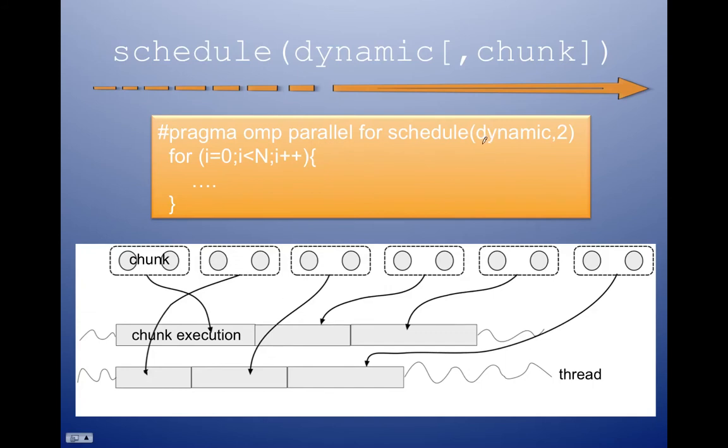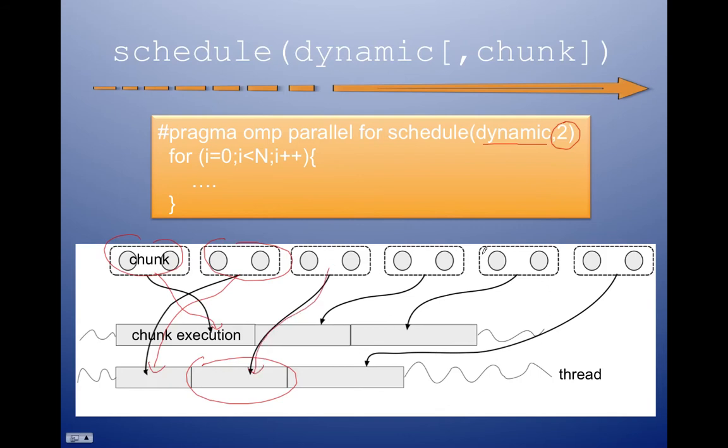Another version is the dynamic one. In the case of the dynamic scheduling, I'm again taking a chunk of size 2. I will allocate the chunks dynamically over the threads. At the beginning I put this one in here. This one, with a static scheduling, would have to go there, but with a dynamic one, because this thread is available before, it goes on this thread.